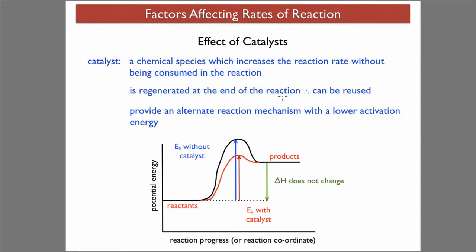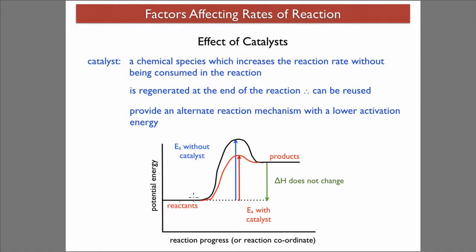Effective catalysts. What is a catalyst first of all? It's a chemical species which increases the rate of a reaction without being consumed in the reaction. It's regenerated at the end of the reaction and can be reused, and it provides an alternate reaction mechanism with a lower activation energy. So let's look at this potential energy diagram.